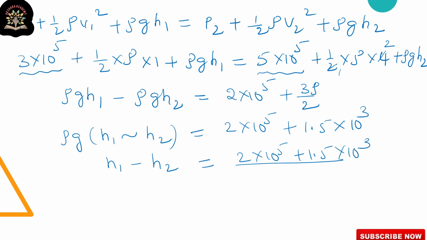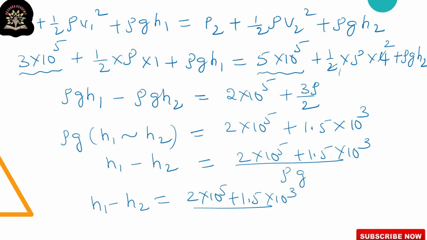So H1 minus H2 is equal to 2 into 10 to the power of 5 plus 1.5 into 10 cube, divided by rho into g.